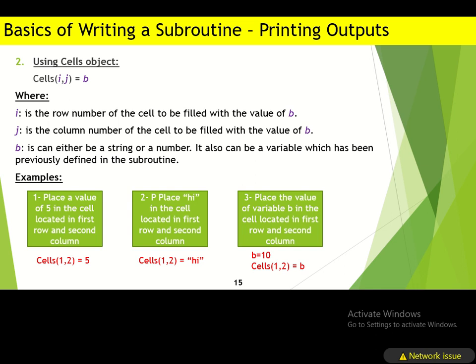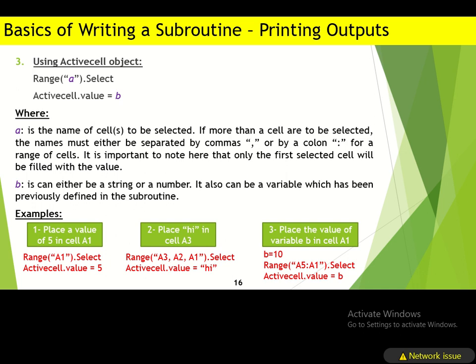I can write B equals tan of theta, and whatever tan of theta is will go in cell 1, 2. B can be an equation. Got it? Okay, we will do it. And the third option is to use the ActiveCell object.